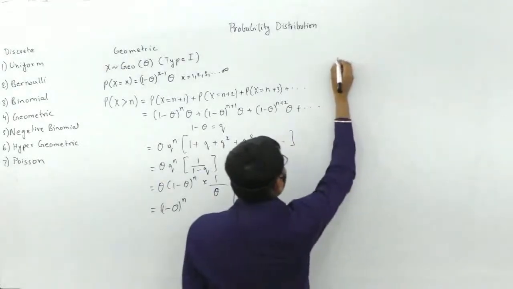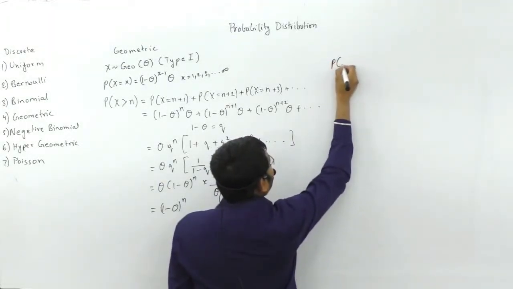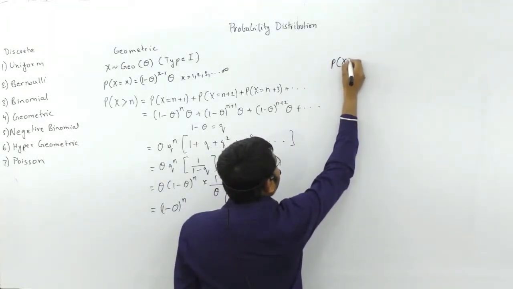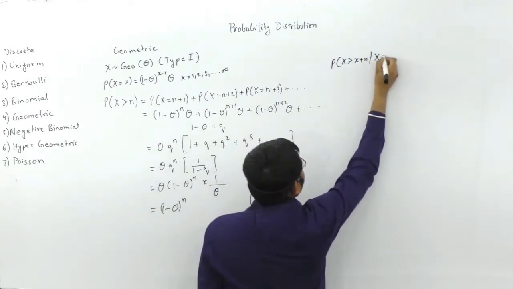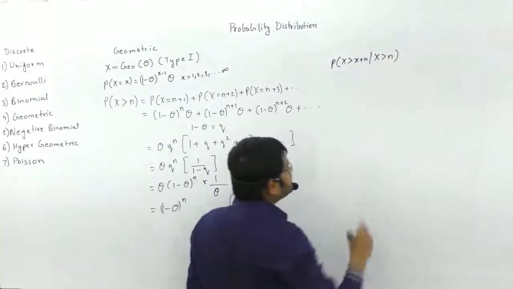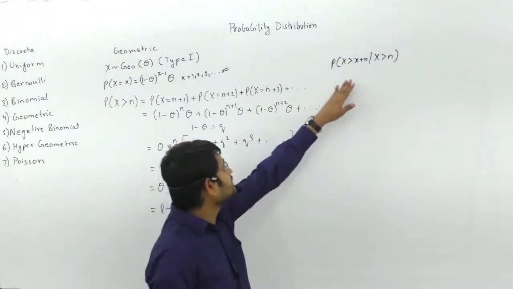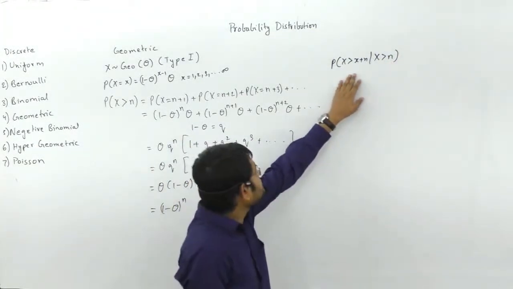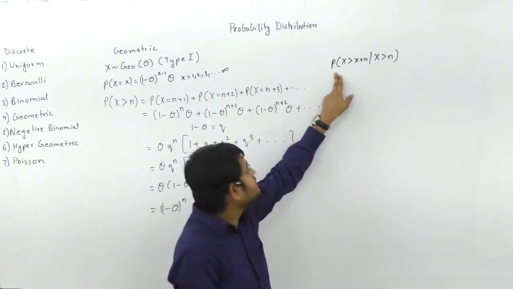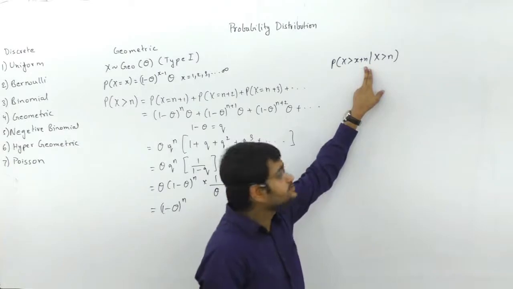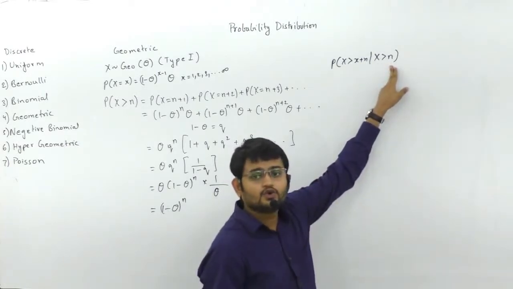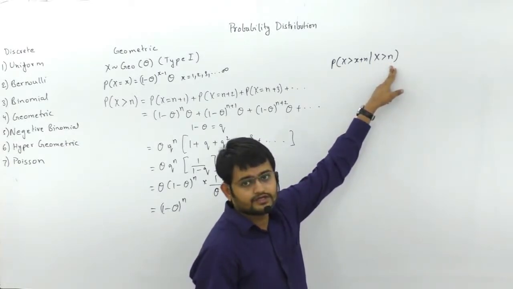Now for the next part, we'll try to find probability x greater than x plus n given x greater than n. Now what does this actually mean? We are saying what is the probability that we'll have at least x plus n failures when we already know that there have been n failures.